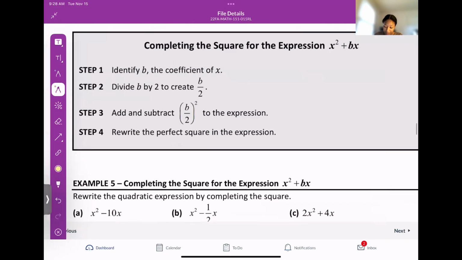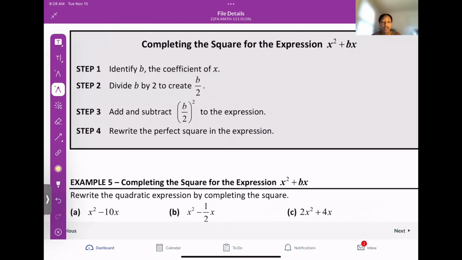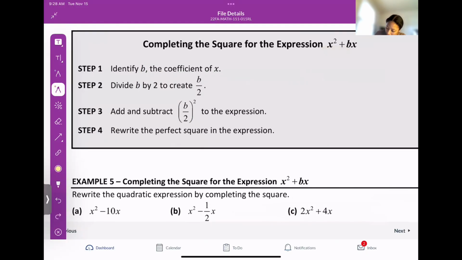Here we go. How to complete the square. So you're always going to start off with some x squared plus bx. You're going to have those two terms. To create a perfect square trinomial, we're going to add b over 2 squared to x squared plus bx. And then, of course, we can't just add something and call it equal to what we had before. We have to subtract it as well. So add and subtract that term.